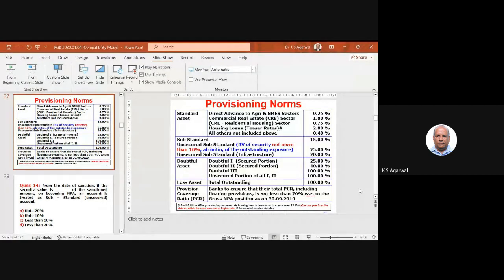One will be the secured portion, another will be the unsecured portion. For the secured portion, DB1, 25% provision. DB2, secured portion, 40% provision. Unsecured portion, everywhere 100% provision. And in doubtful three, both secured and unsecured, 100% provision. Loss asset, 100% provision.